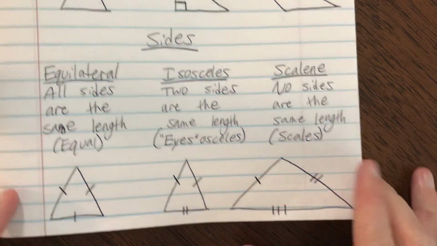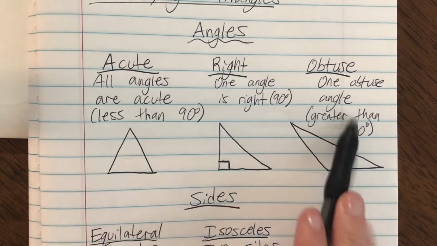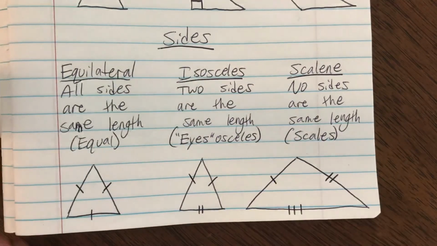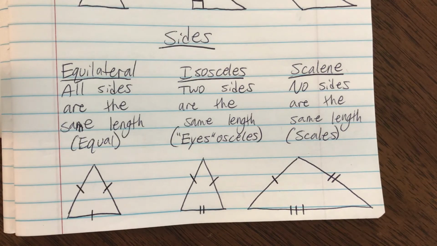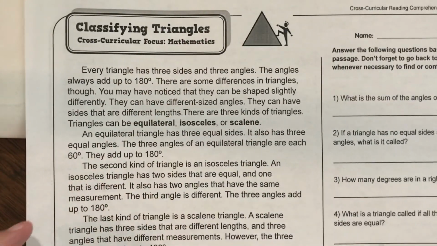Okay, so for today, boys and girls, you're just going to focus on identifying triangles based upon the angles. Then you're going to identify triangles based upon their sides. It's not going to be until tomorrow that you get into classifying them with both names. So for today, you do have two assignments. You're going to have a reading passage based upon classifying triangles.